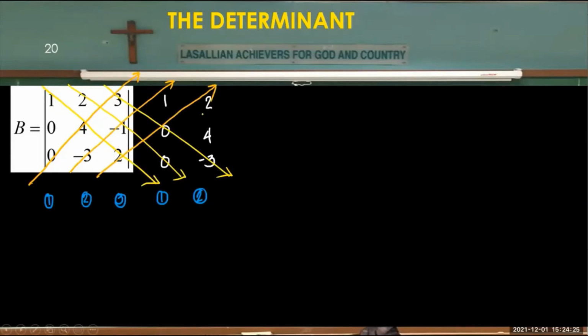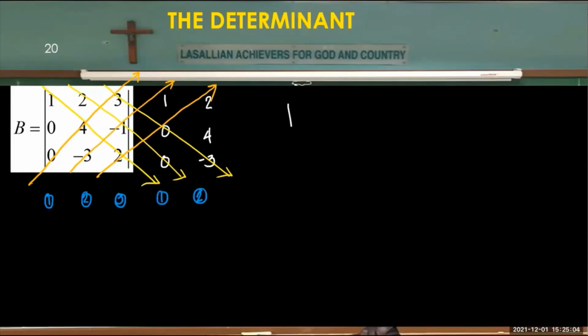When we look at this, we have covered all the numbers. Some of you might ask, we have not crossed the 0 here. Yes, we have, because the 0 here is actually the 0 that I wrote there. And then some of you might say, sir, we did not cover the 4 on the extreme right. Yes, because that's column 2. Take note that in the original column 2, that 4 was already crossed. Now all the numbers have been crossed.